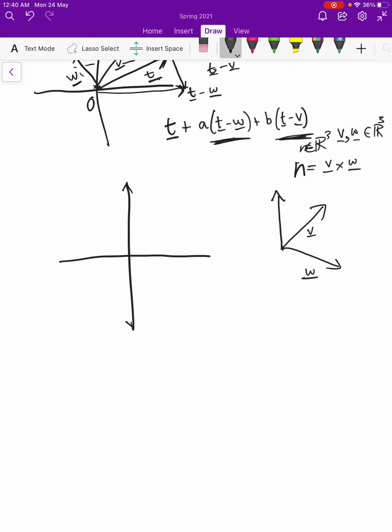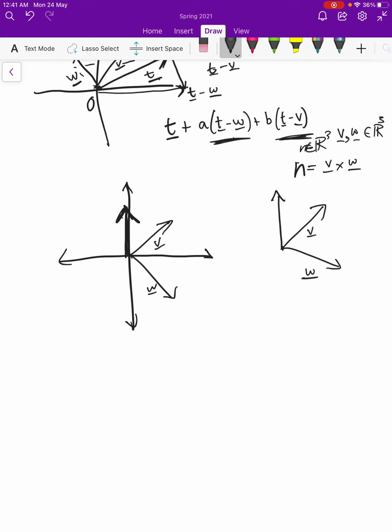Now, v and w, let me put this on an actual Cartesian plane. Sorry for not drawing the y-axis and the x-axis, like labeling them. We're going to get this point over here, okay? This one vector. Now, what is important about this vector?